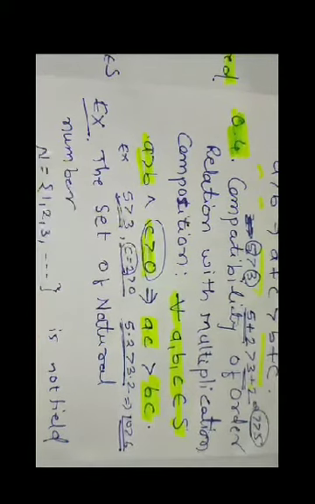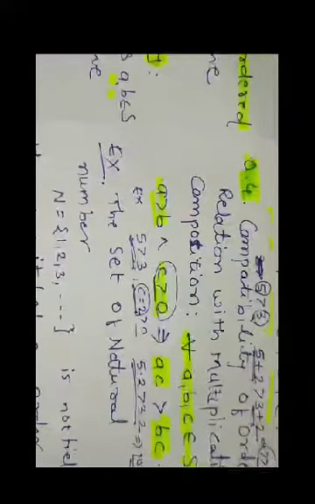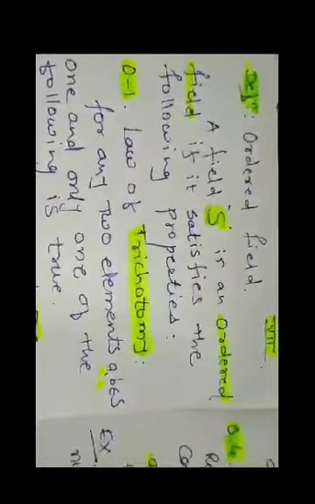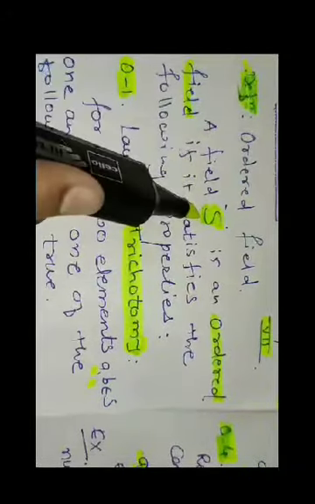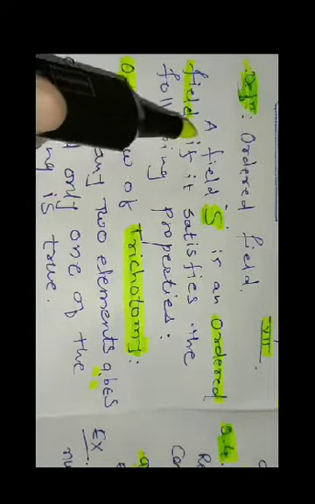So dear student, see our definition: a field S is an ordered field if it satisfies these 4 properties. Order 1, that is law of trichotomy. Order 2, that is transitivity.